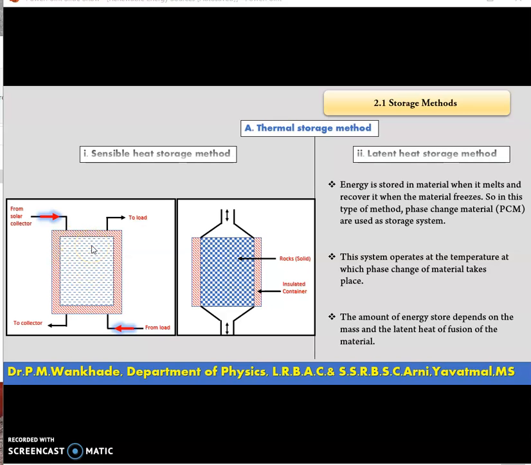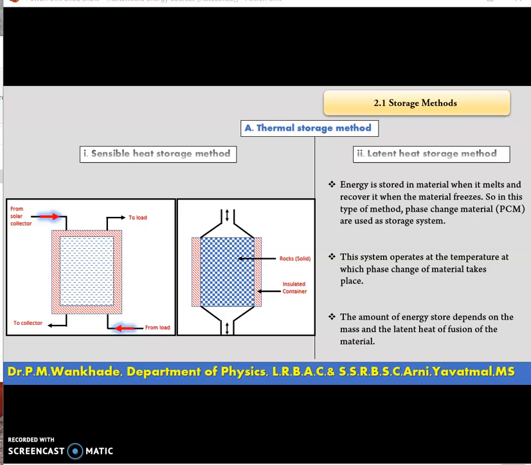Heat energy is stored by heating or cooling a liquid or solid. Sensible heat storage means that on heating the liquid or solid, there should be no phase change. The amount of energy stored depends on the temperature difference of the material used.